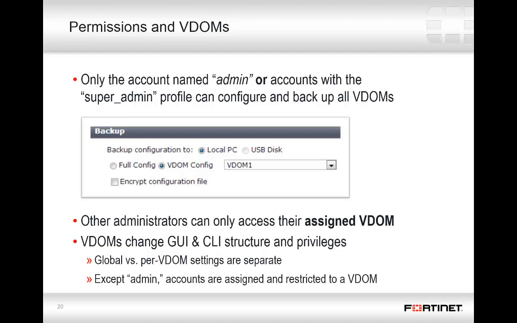The admin account is the only account that isn't assigned to a specific VDOM, and so it is the only one that should be able to configure global settings. Other CLI commands are available to any administrator, but only from within a subshell such as config vdom, edit VDOM 1, because they are specific to that VDOM.